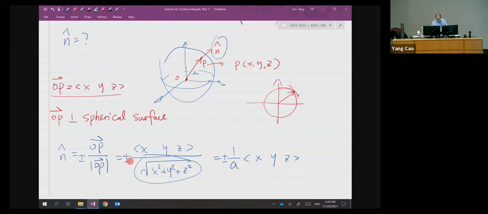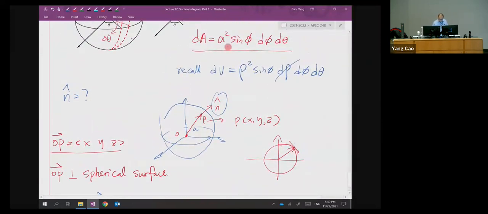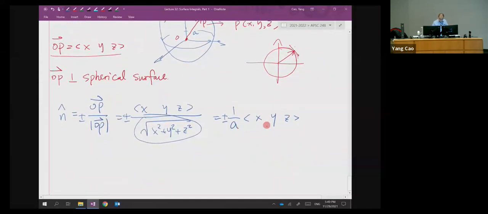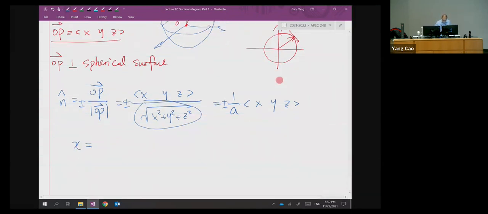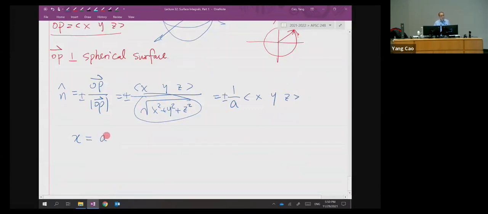However, right now, if you look at the n hat and the dA, they're not very compatible, because dA is written in the spherical coordinates phi and theta, and n hat is written in the Cartesian coordinates x, y, z. I want it to be compatible, so I need to change this x, y, z into spherical coordinates. It's quite simple. You recall the three expressions for spherical coordinates: rho sine phi cosine theta. But now you don't have rho anymore, you have a constant a.